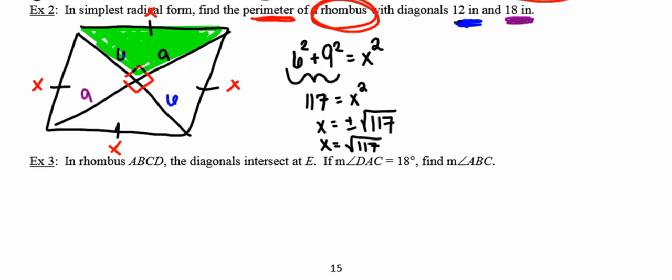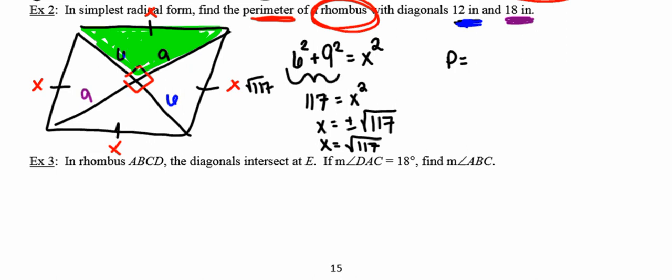Note that in this question, they don't specify whether to leave it in simplest radical form or round to some specific decimal place. Because we're not asked to round, we're automatically going to leave that number in simplest radical form. Square root of 117, I can't simplify. So I'm going to say the length of each side is equal to the square root of 117.